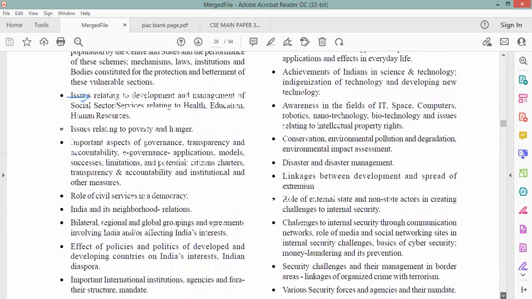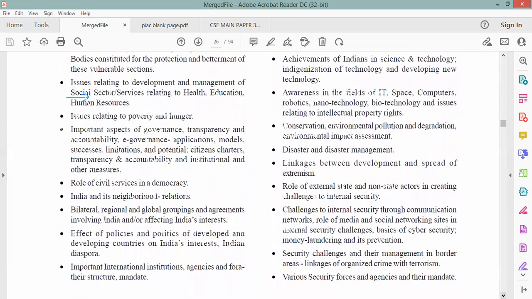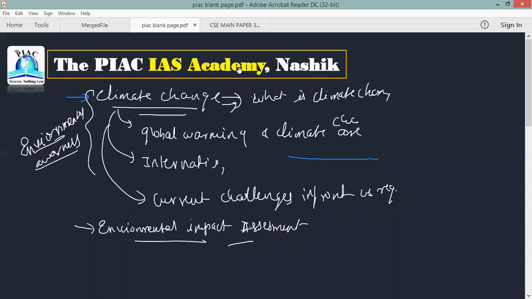Then the next topic is disaster management. Now this is an important topic and it has been consistently highlighted in the news also.